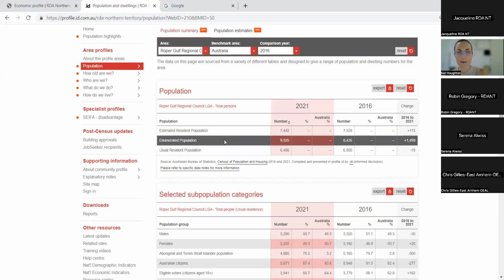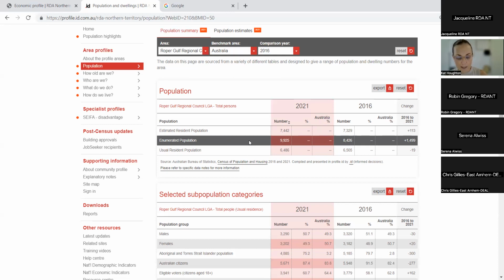The reason why that's important is because, particularly in northern council areas, your enumerated population is typically higher than your estimated resident population or your usual resident population, because it's peak tourism season. So it's particularly important for councils because they look at this enumerated population count and say, in Cairns Regional Council, which is probably a good example, or even Darwin, those council areas have a high enumerated population during that period.